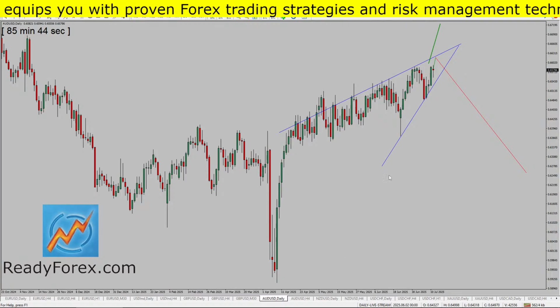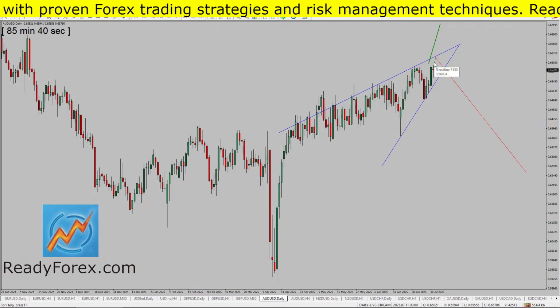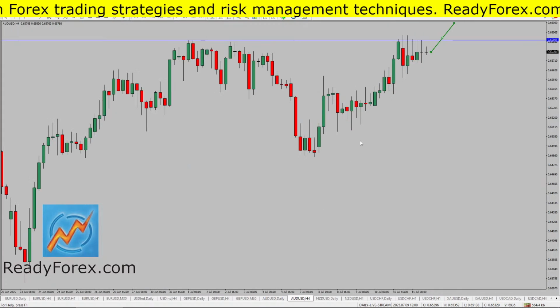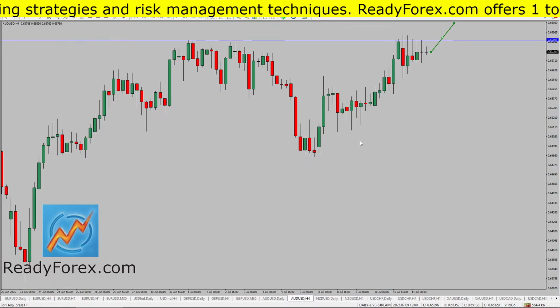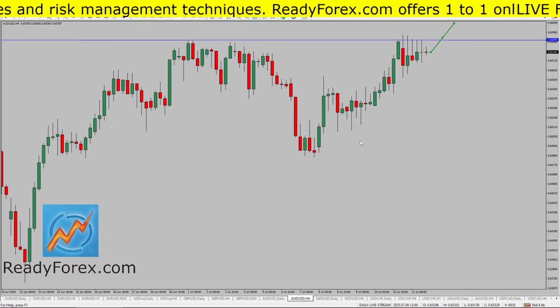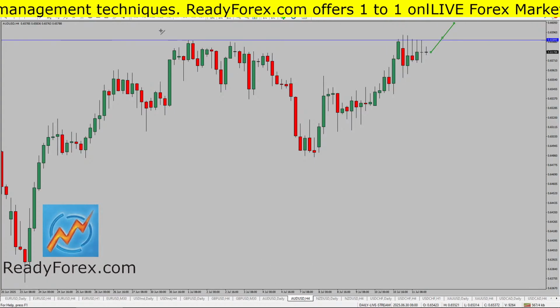It's a kind of low probability to sell now. You need some kind of confirmation. Once you get that, then you might look for a sell trade setup. But for the time being, it's an uptrend, and I can even draw a simple trend channel over here.